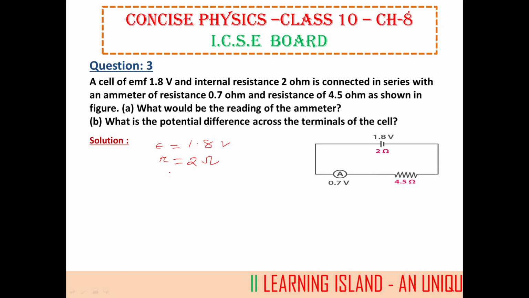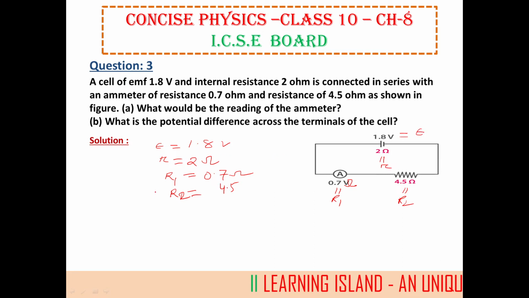Here you see the resistance of the ammeter R1 equal to 0.7 ohm, and another resistance R2 equal to 4.5 ohm. So here this is R1 and this is R2, and this is small r, and this is the EMF. So it is clear to you, I think.